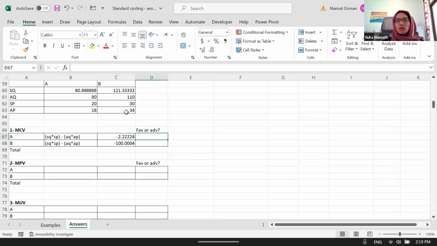Is this the same formula you have used? Can somebody tell me whether they have got these answers or not? What are your answers, everybody? Has everybody got this?